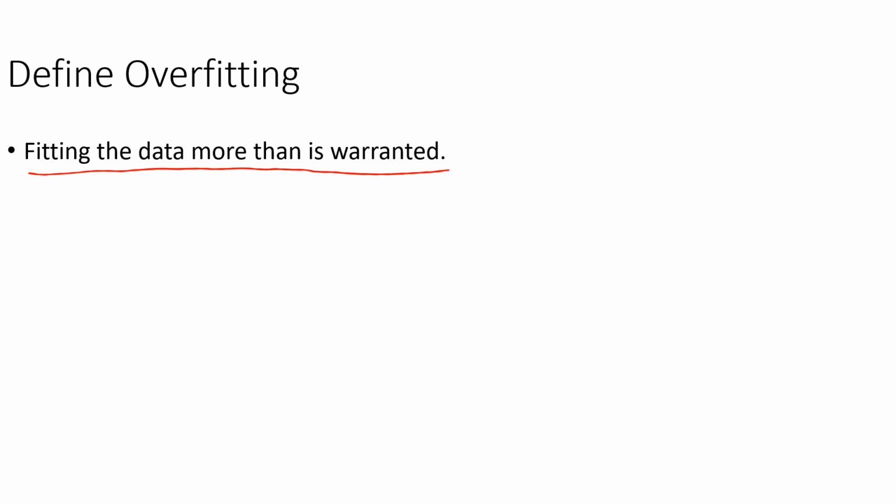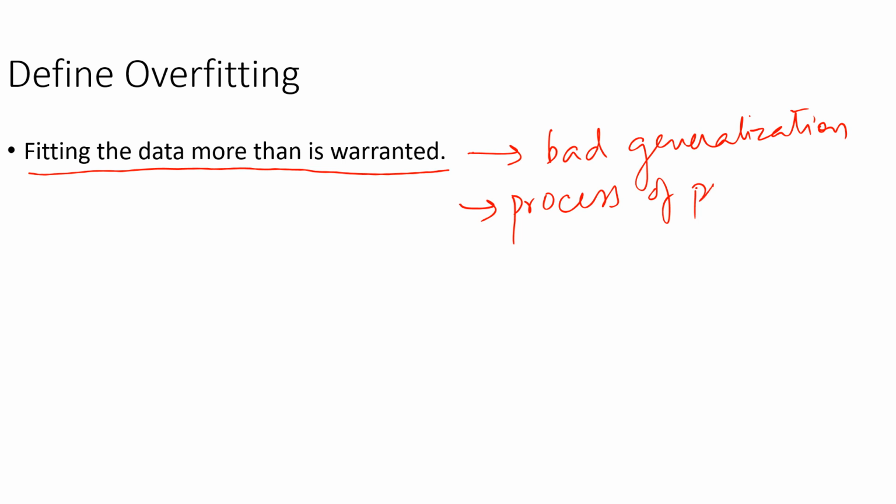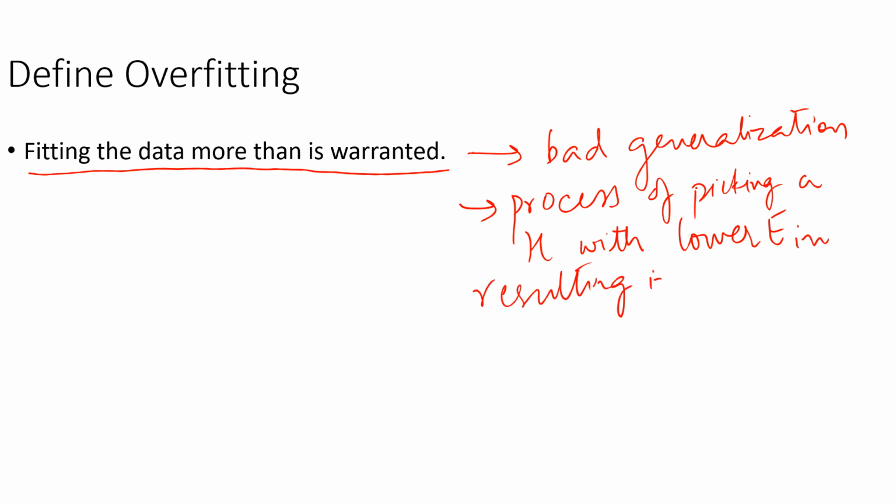So this not only includes bad generalization, it's also a process: the entire process of picking hypotheses with lower E in, resulting in a higher and higher E out.